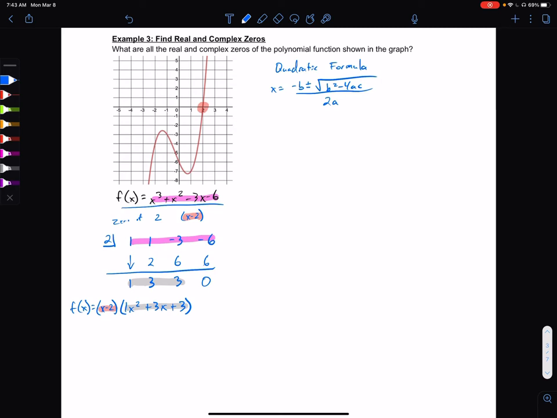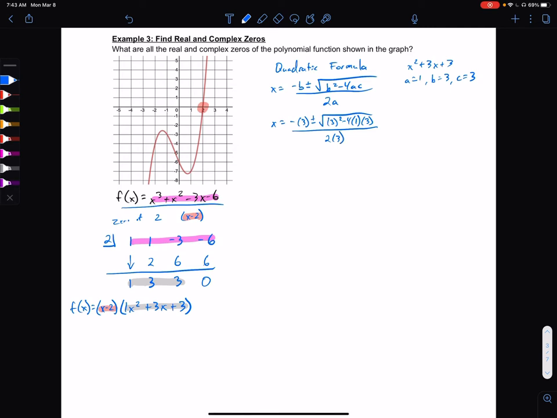In this case, we're looking at x squared plus 3x plus 3. So a is equal to 1, b is equal to 3, and c is equal to 3. Let's substitute those in. So we have negative 3 plus or minus the square root of 3 squared minus 4 times 1 times 3, and all of that will be over 2 times 3.